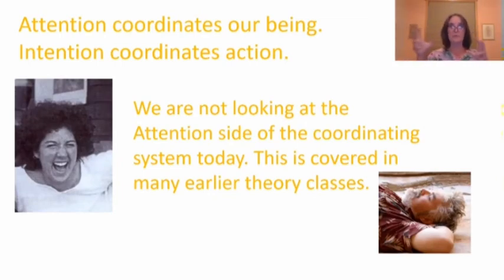And that has to do with what my attention is on. If my attention is on my past, my structure, my chemistry will be completely different than if it's on worrying about something in the future. It's a huge part of the coordinating system, but what we are talking about today is the intention side of the coordinating system.